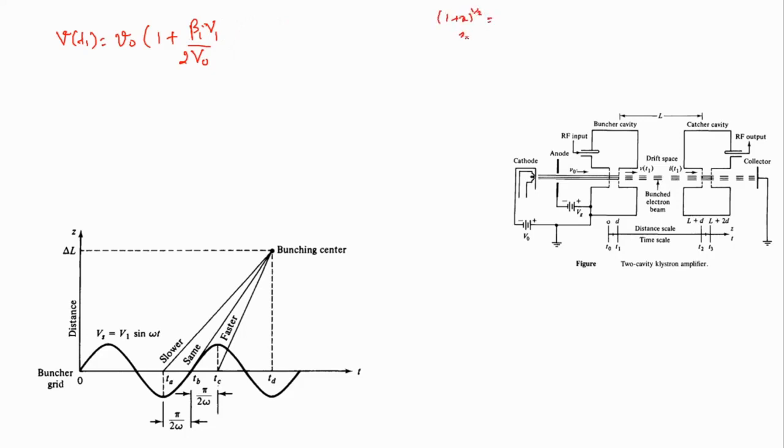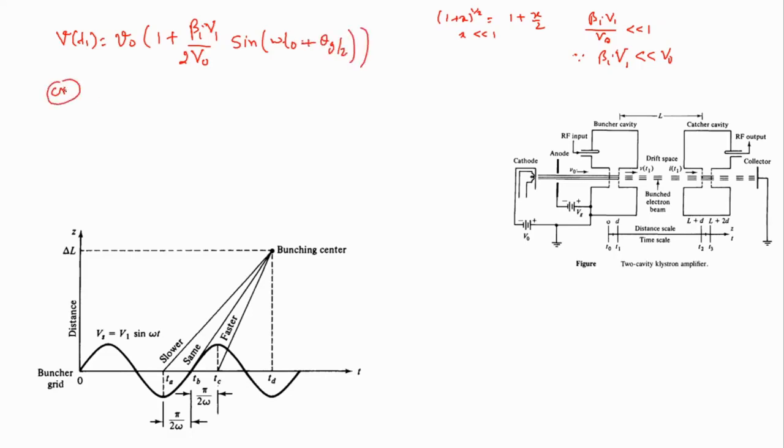If x is much less than 1, we can write 1 plus x by 2. Here beta V1 divided by v naught is much less than 1, because beta V1 is much less than v naught. So this can be rewritten as this one, into sine omega t naught plus theta g by 2.